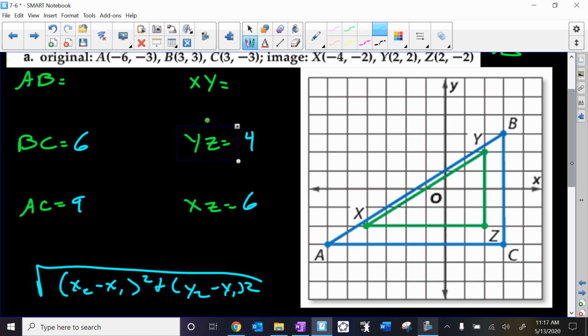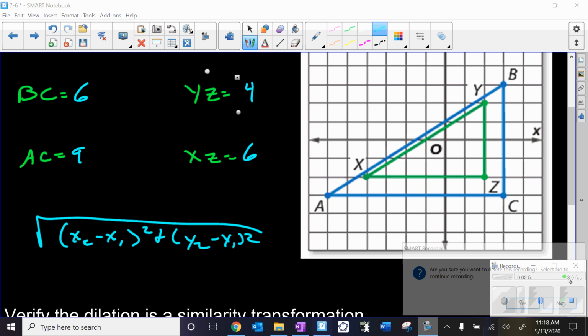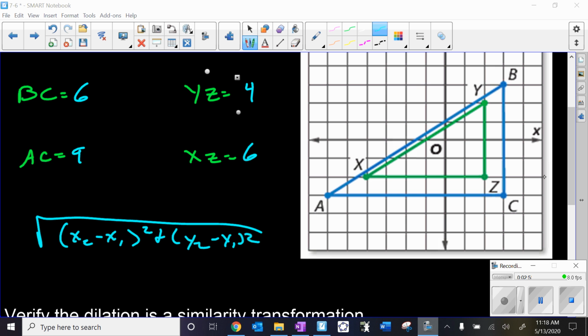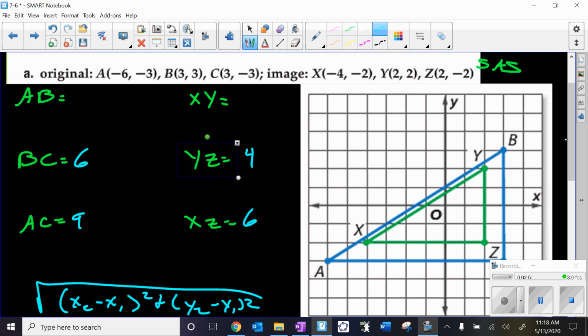I'm just going to tell you what those distances are. AB, if you find the distance, comes out to the square root of 117. And then for XY, it would come out to the square root of 52.